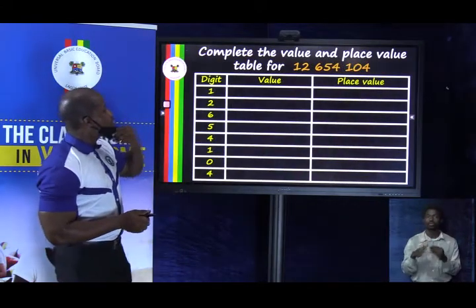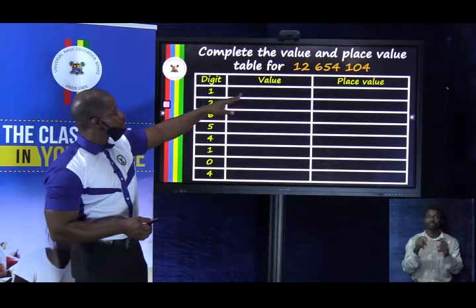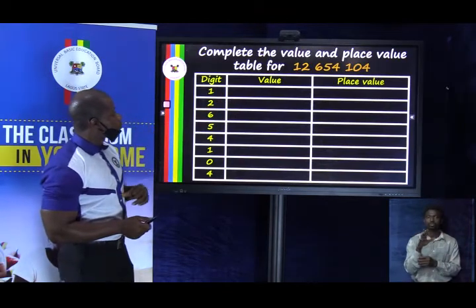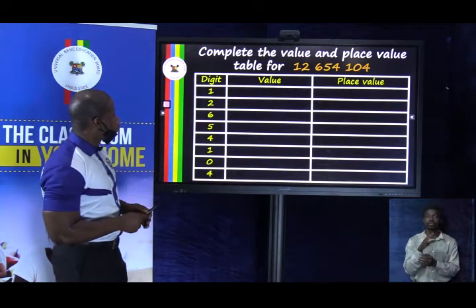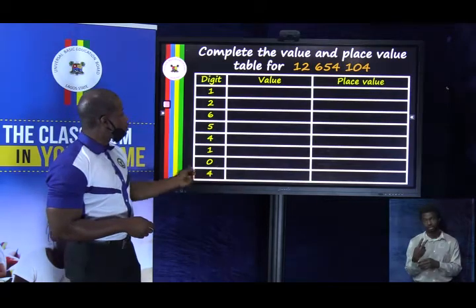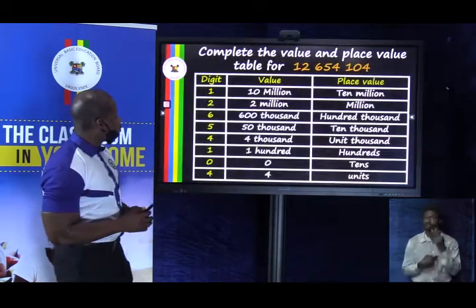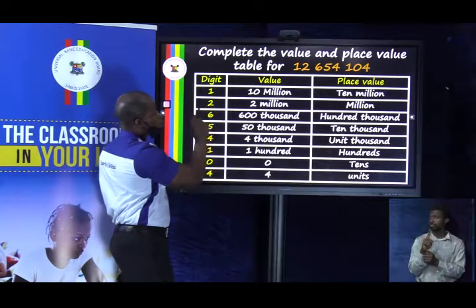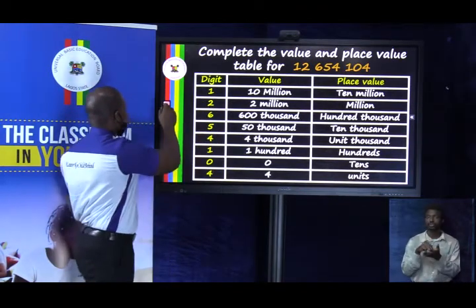We have to complete the value and place value table for 12,654,104. So let's see what that gives us. The 1 is in the ten million position. I'm going to show you why.